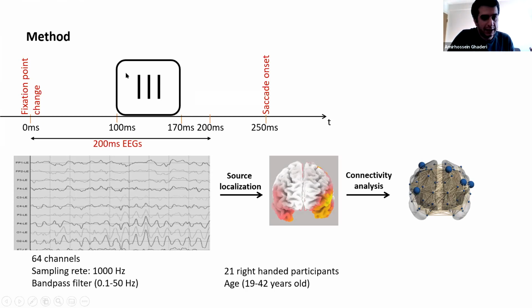During this interval, we analyzed the EEG by source localization using LORETA. After that, we performed connectivity analysis to find the whole brain network. You can see some details about the EEG and participants here.